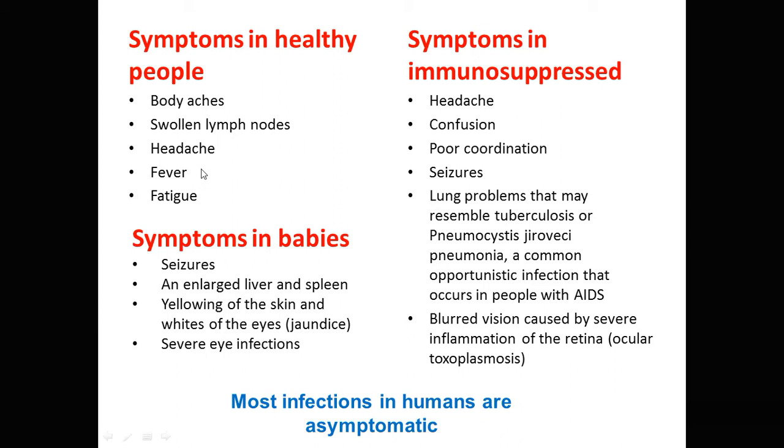So, what are the symptoms in healthy people? Body aches, swollen lymph nodes, headache, fever, fatigue. Symptoms in babies born with the infection: seizures, enlarged liver and spleen, jaundice, eye infections. Symptoms in immunosuppressed people, of course, are more severe, with the involvement of the lungs, eye infections, and so on.